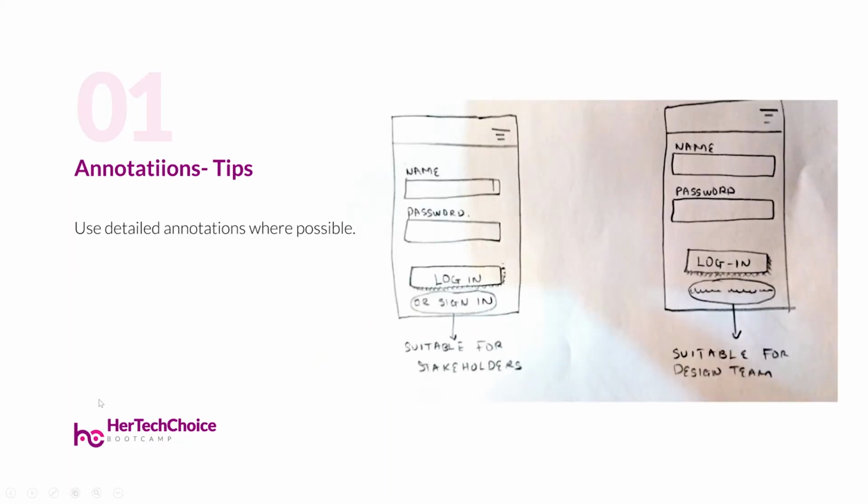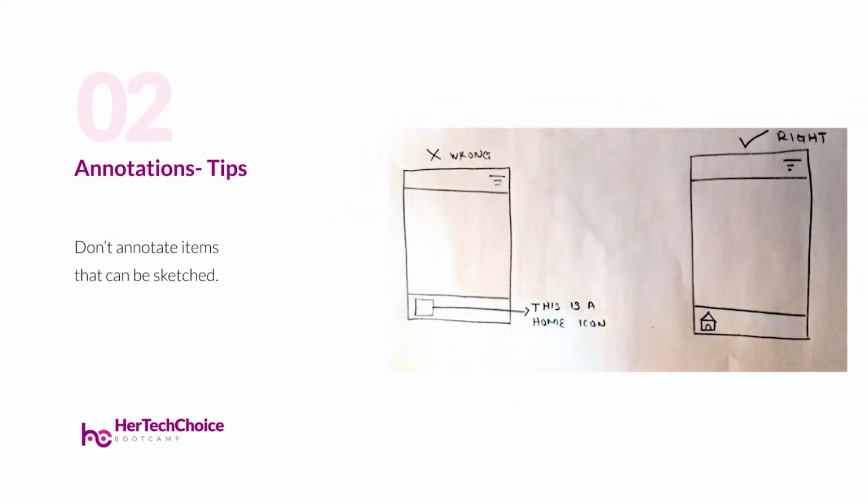Another tip is to use detailed annotations where possible, like what we have on the right, suitable for stakeholders and suitable for design teams. Those are annotations. Another tip is to not annotate items that can be sketched, meaning you should actually sketch out these icons rather than writing what they mean.